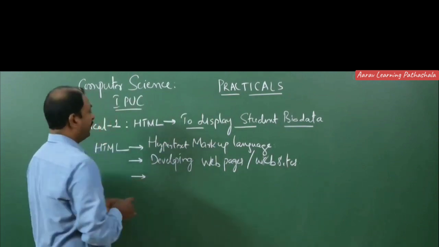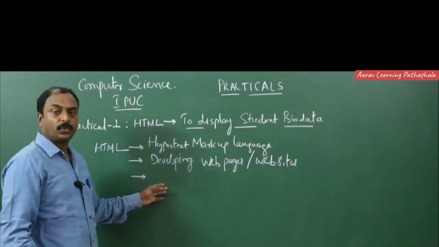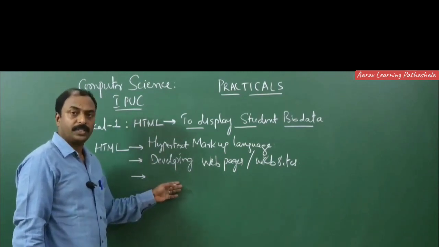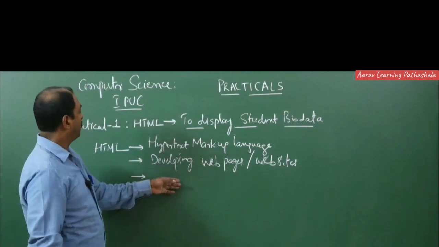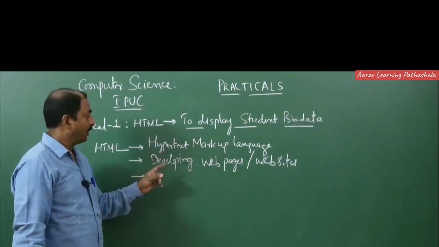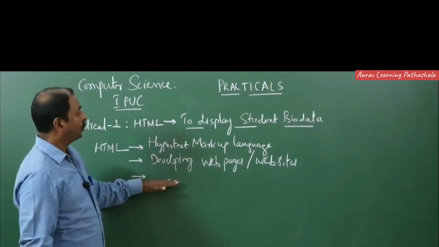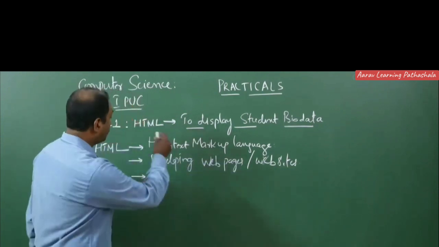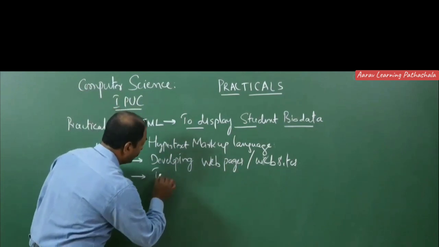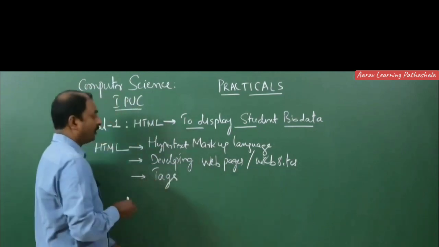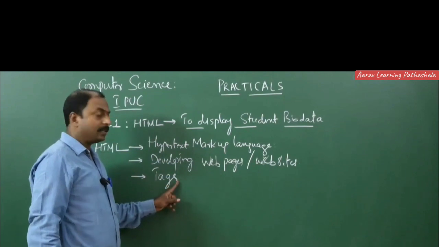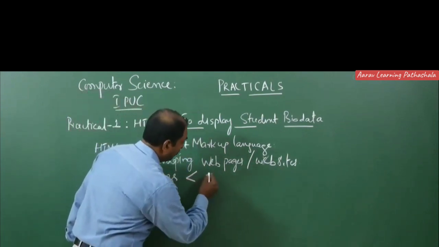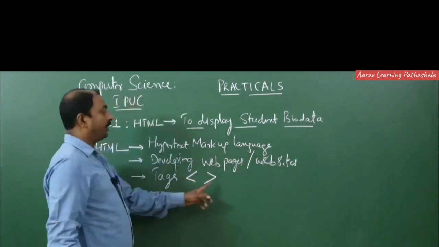This HTML program, it has its own syntax, and everyone has to follow those syntax to write a program with HTML language. So this language is used for developing web pages or websites, and this language consists of tags. We use the word tags, and here these tags are written inside these two brackets. This is called angle bracket.